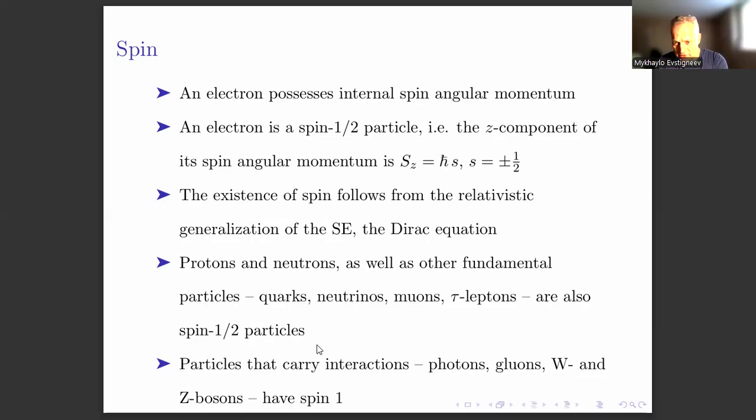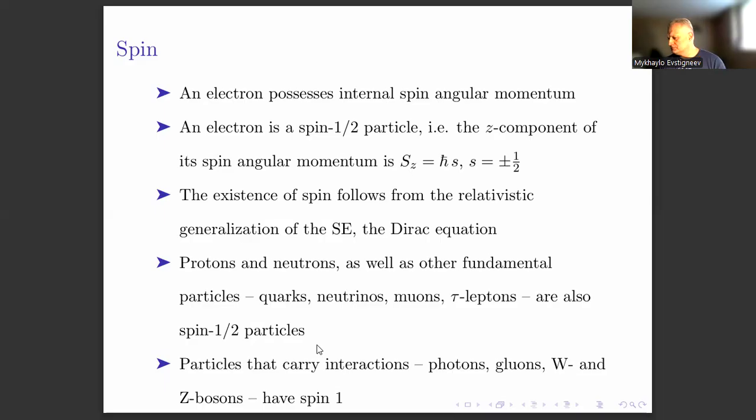There is yet another fundamental particle from the standard model which is responsible for the mass of some of these particles, in particular for the mass of the weak W and Z bosons. And this is the Higgs boson. The Higgs boson has spin 0. It is the only spinless, zero spin particle in the standard model.